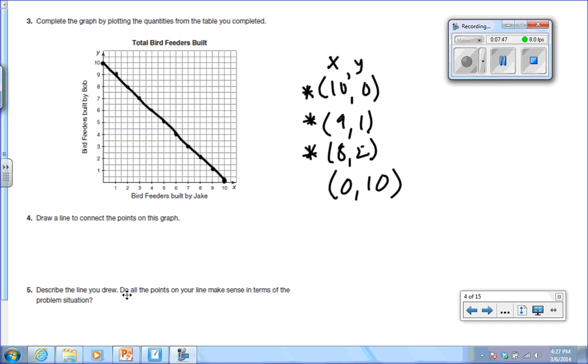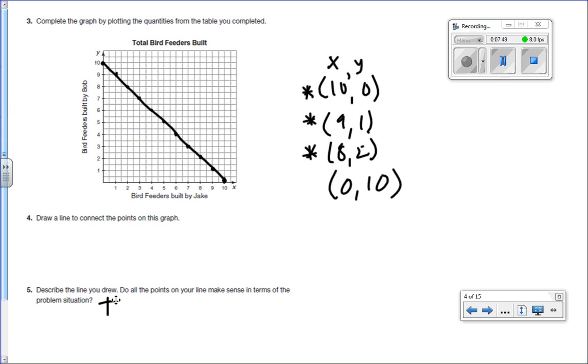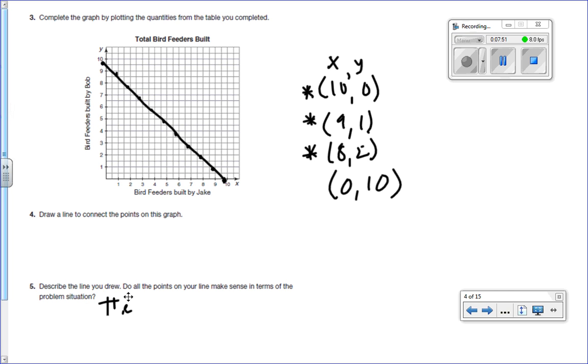So it says describe the line. We have a straight line. Then it says, does it make sense? Does each point on here make sense? Well, the ones that we plotted make sense. But again, when you connect them, you're saying all fractional parts in between those two whole points make sense as well.